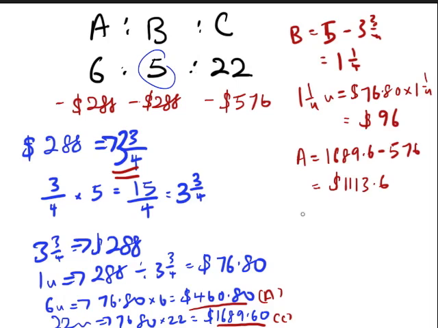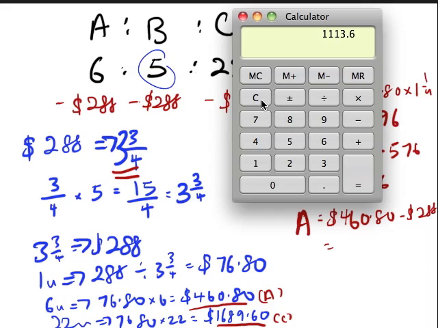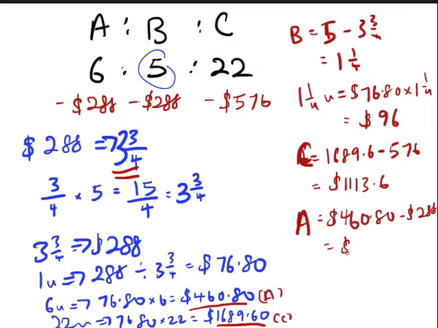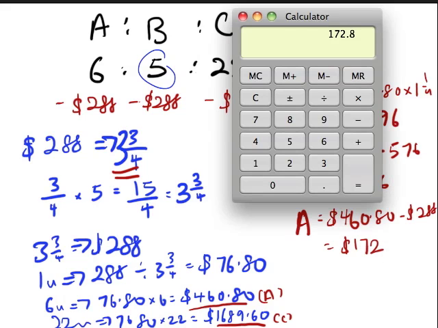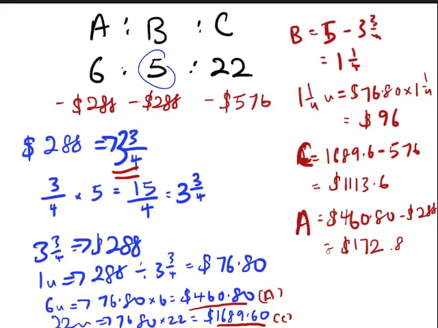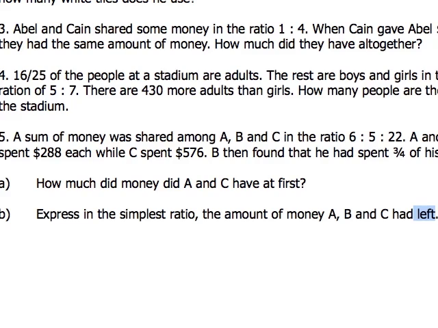And for A, it's 460.80, that's all the money he has, minus $288. So what do you have left, my friend? 460.8 minus 288 gives you $172.80.